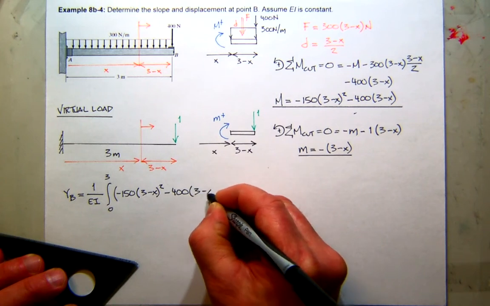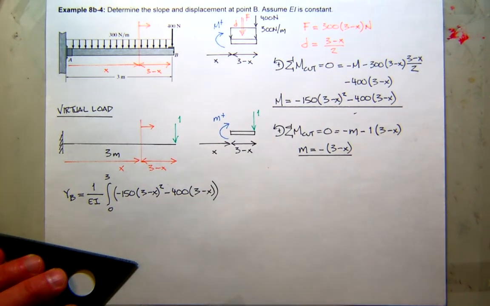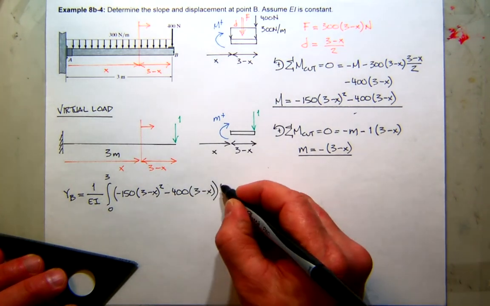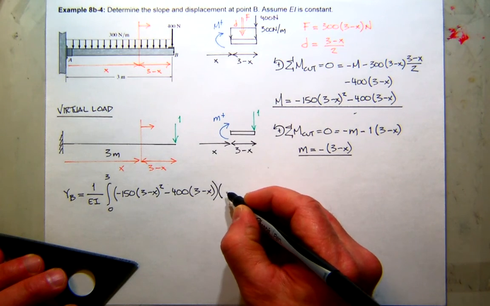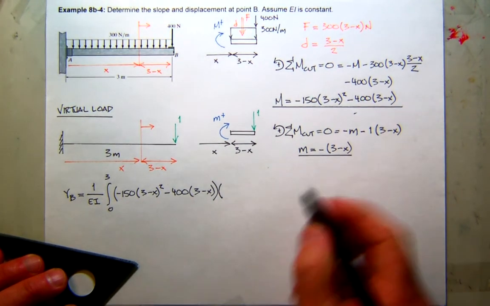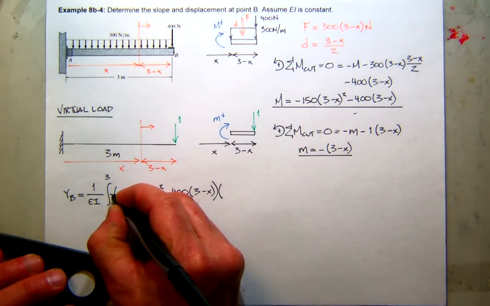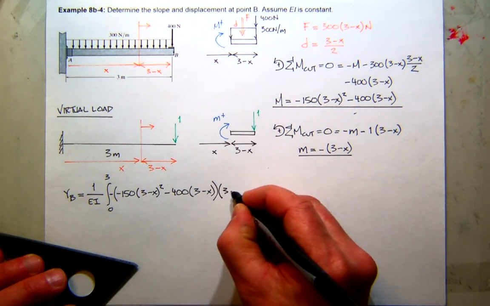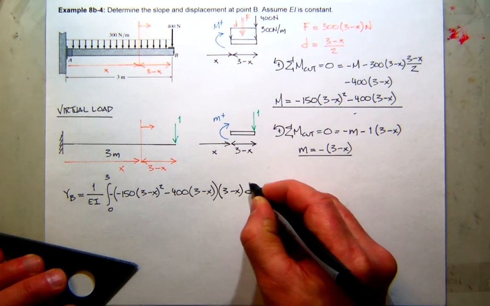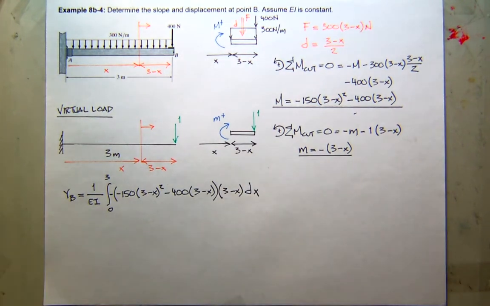So there is the real moment, then there's the virtual moment. I'll just let that negative sign go out here to the front, and I'll have another 3 minus x. Done. There's your virtual work expression for this.